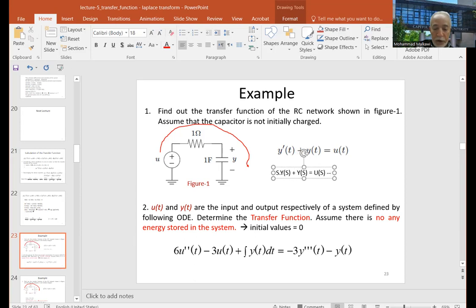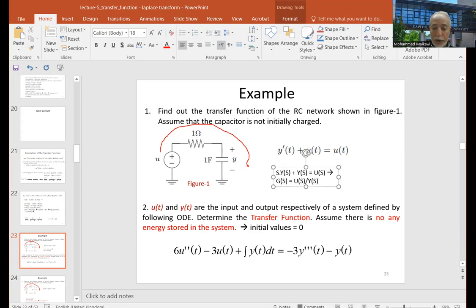And the transfer function g of s equals y of s divided by u of s.